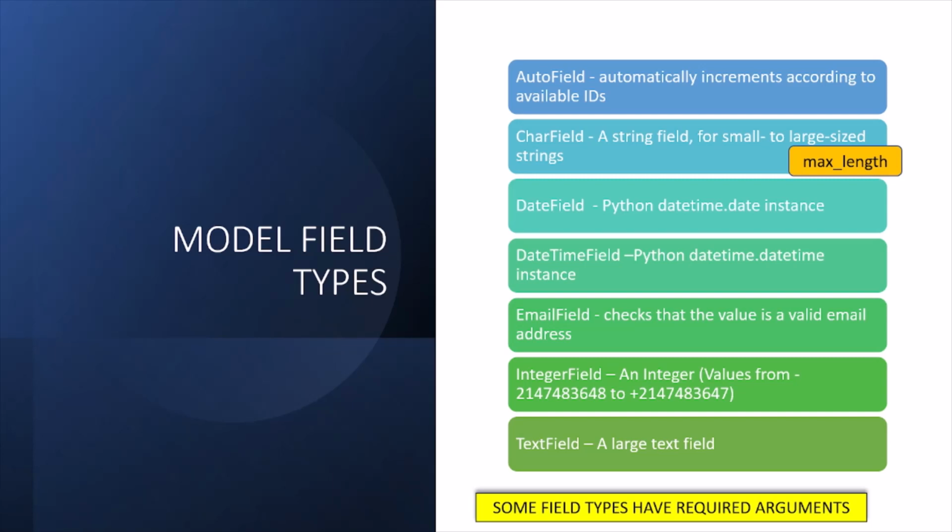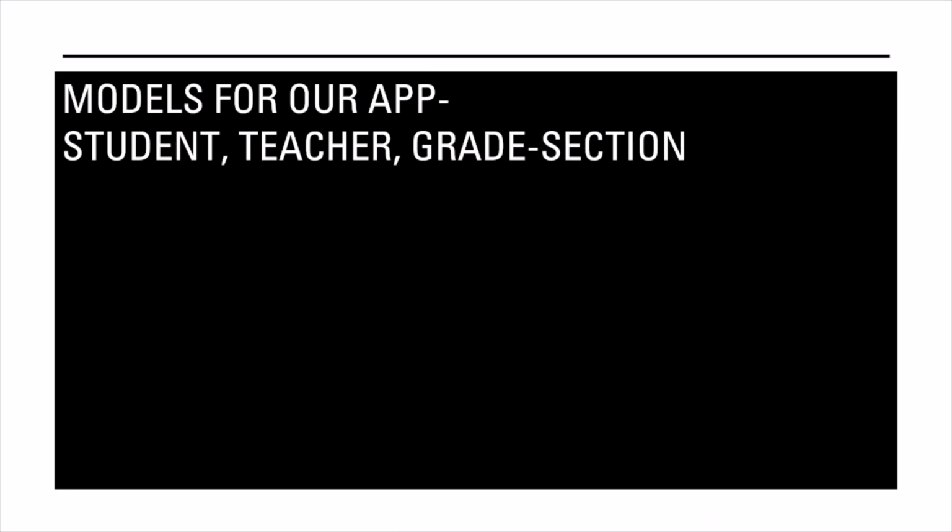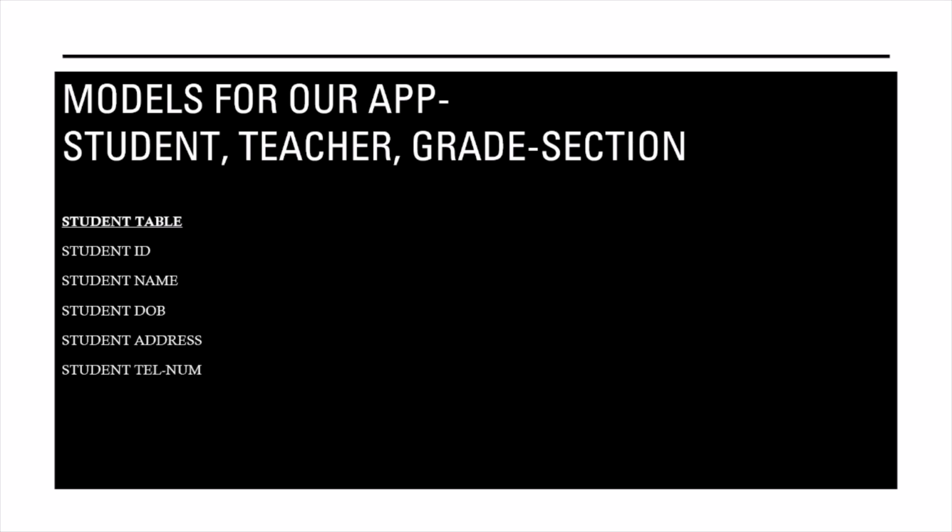Now, before we get down to creating our models, let's look at the models that we're going to have in our app. We're going to have student, teacher, and grade section. The student table is going to have student ID as the first field, student name, student date of birth, address, telephone number, email ID.